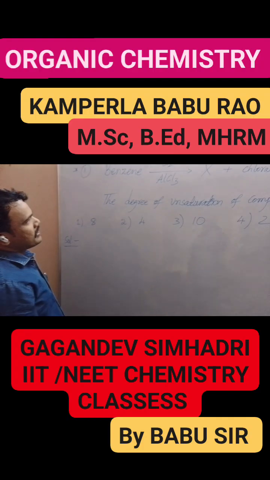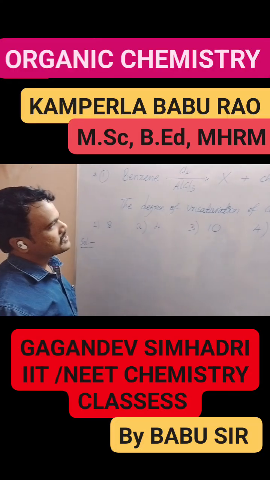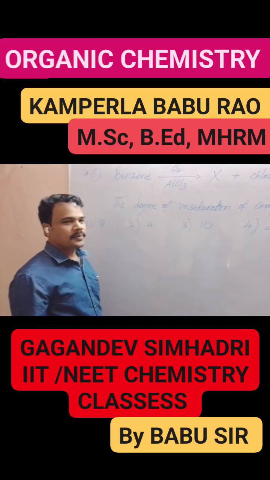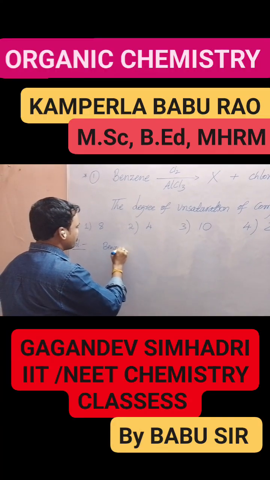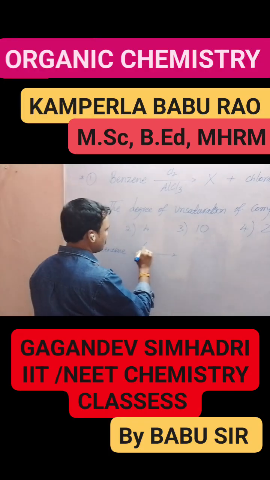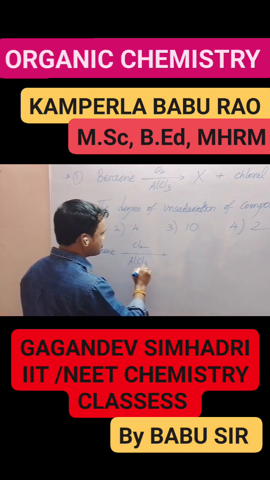So here what is given here? Benzene on reaction with chlorine in presence of AlCl3 forms compound X. What is this reaction? Halogenation reaction of benzene. Benzene reacts with chlorine in presence of Lewis acids AlCl3 or FeCl3.